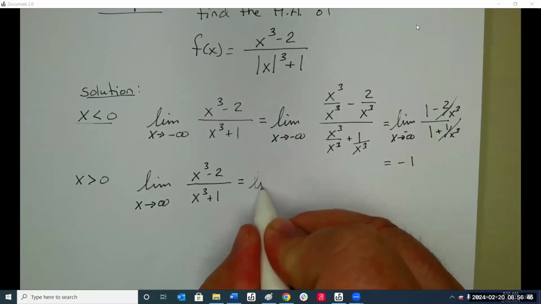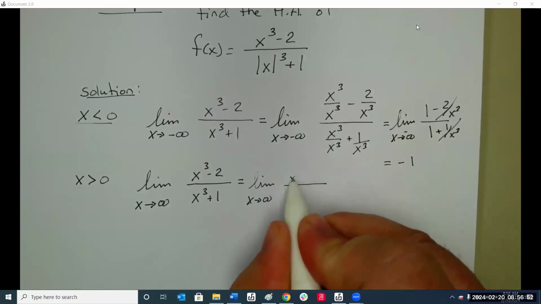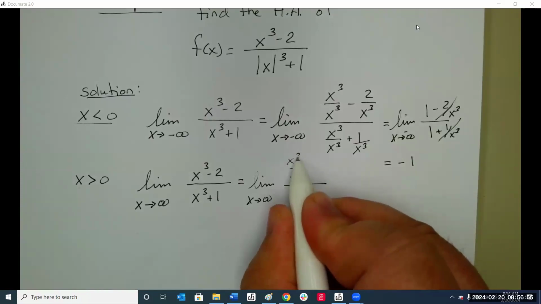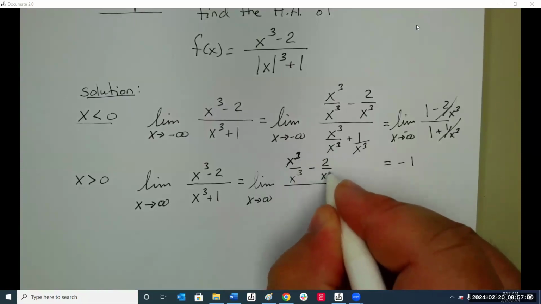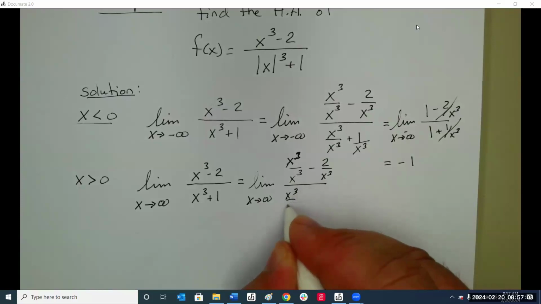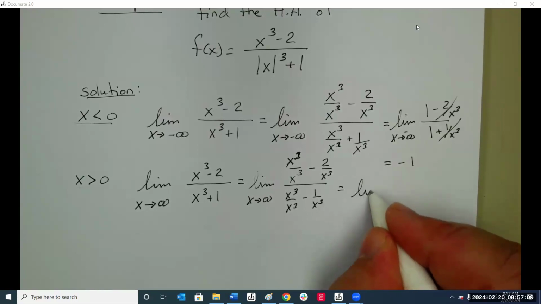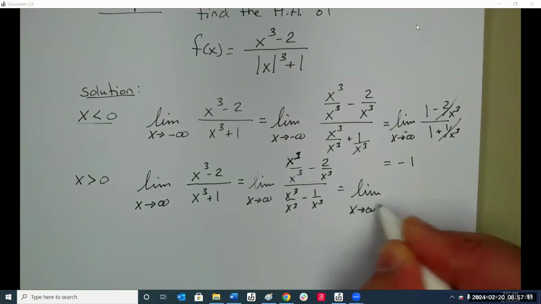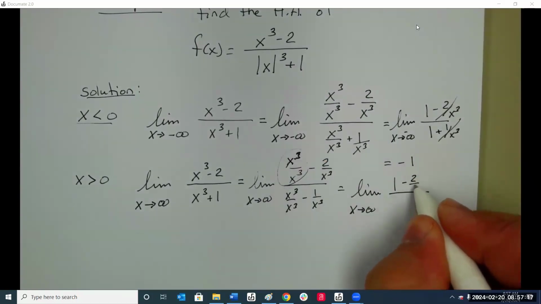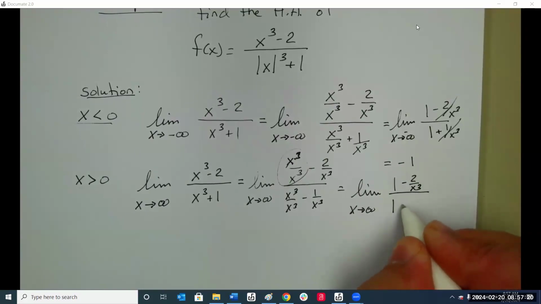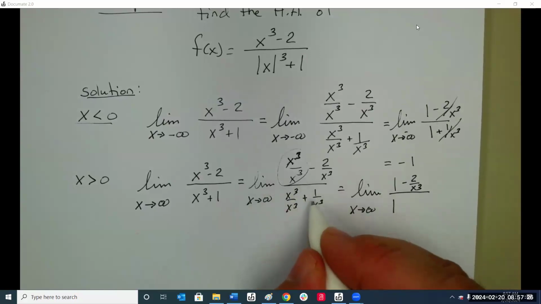And likewise, as x goes to positive infinity, we do the same thing. So that becomes 1 minus 2 over x cubed, 1 is a plus on the bottom.